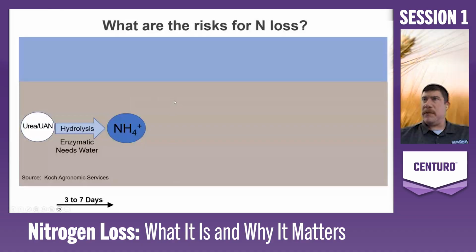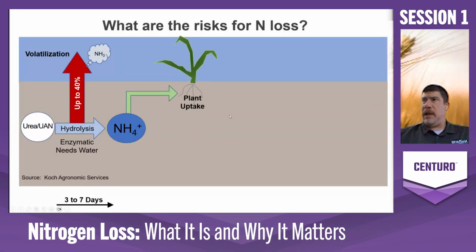And as we think about nitrogen loss, that makes things worse. Specifically with fall anhydrous, I want to walk through the different mechanisms of potential loss when we apply anhydrous as a whole, but naturally, we've got a little more risk with those fall applications.